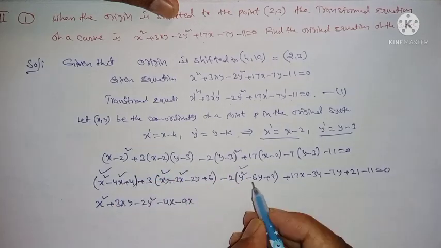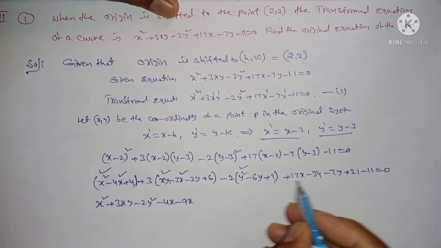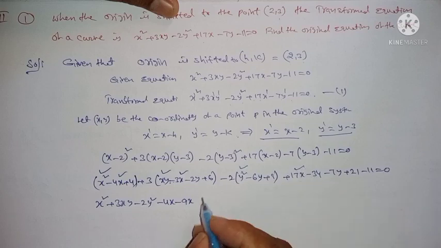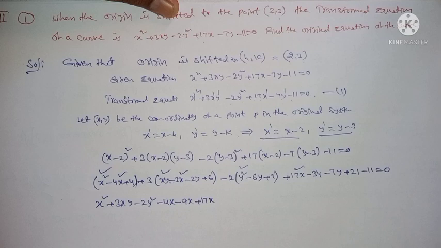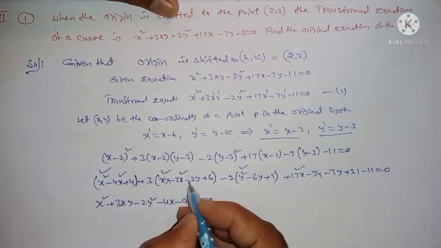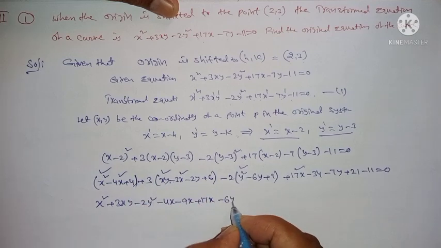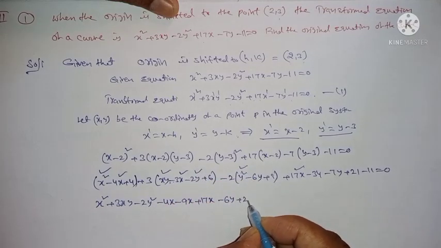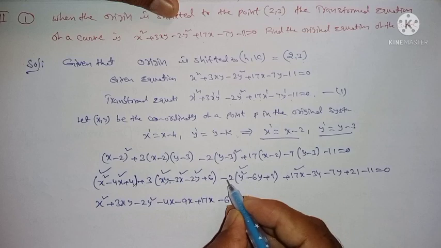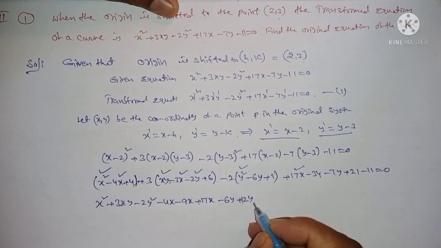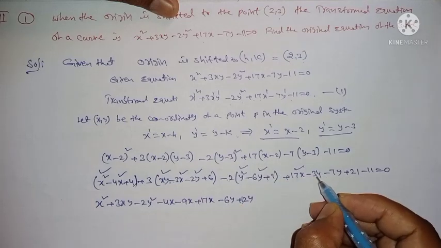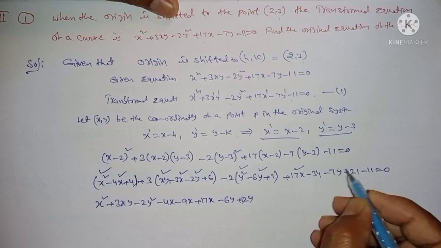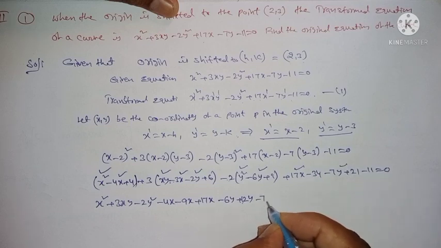And plus 17x. Y terms: minus 6y, and plus 12y, minus of minus plus 6 into 2, 12y, over, minus 7y.